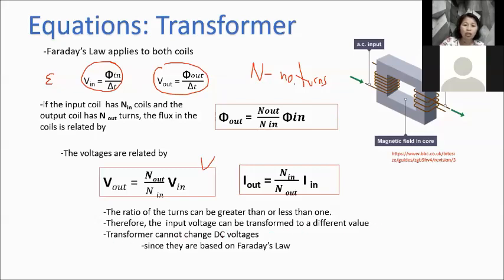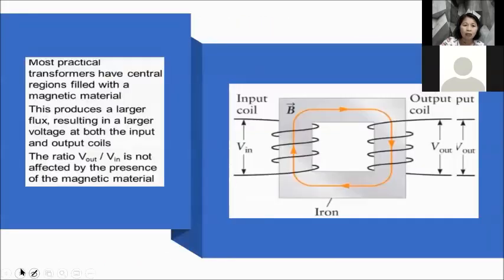Transformers cannot change DC voltages since they are based on Faraday's law. Most practical transformers have central regions filled with magnetic materials, and this produces a large flux, resulting in a larger voltage in both the input and output coils. So the ratio of V out over V in is not affected by the presence of magnetic material.